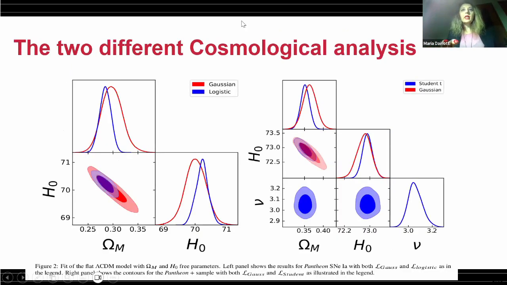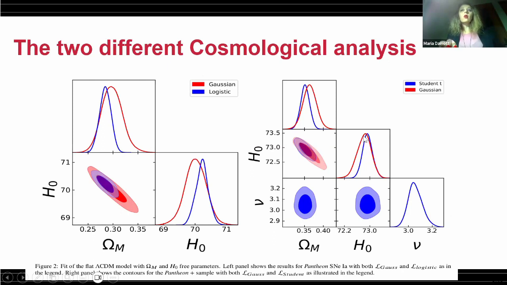And if we would like to see this in a more visual inspection, then we would see that the Gaussian likelihood has much larger contours. These are 68 and 95%. The darker color is 68, and the faded color is the 95%. Then we can see that the logistic distribution for the Pantheon and the t-student distribution for the Pantheon plus sample indeed have a smaller range of the error bars.